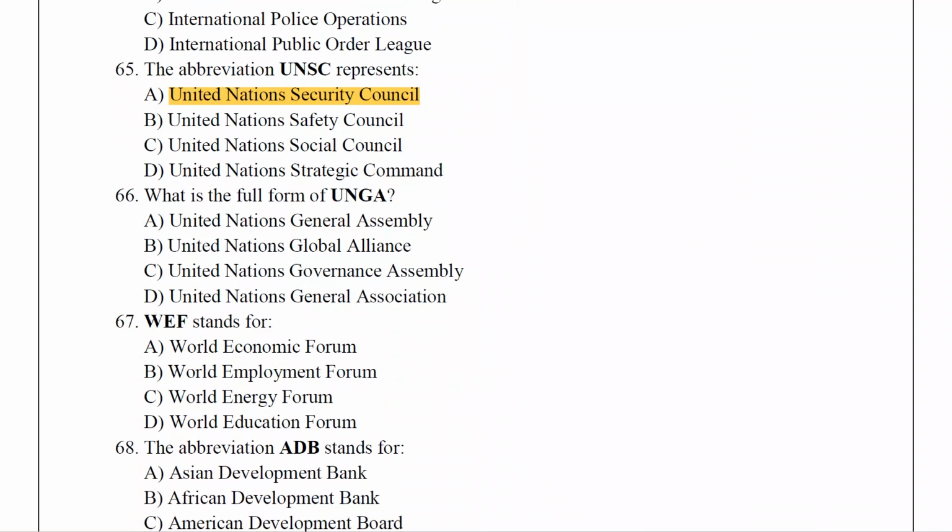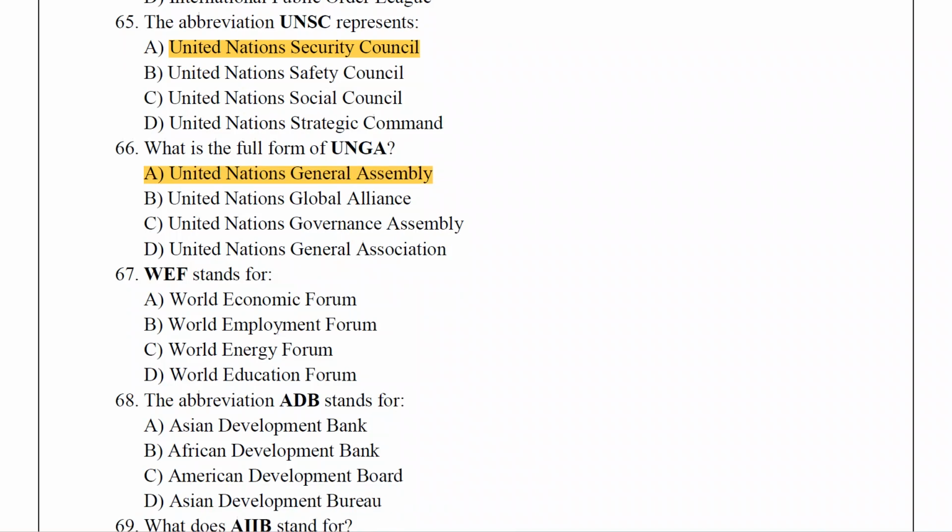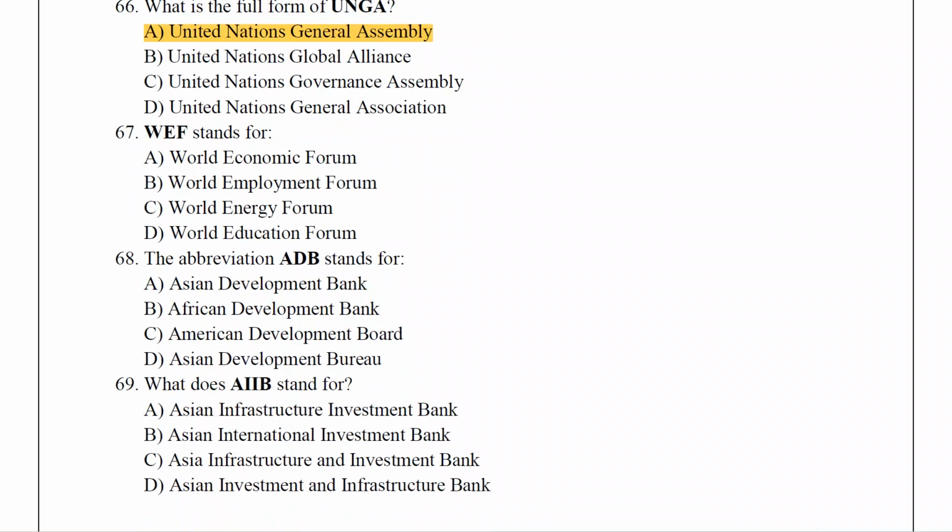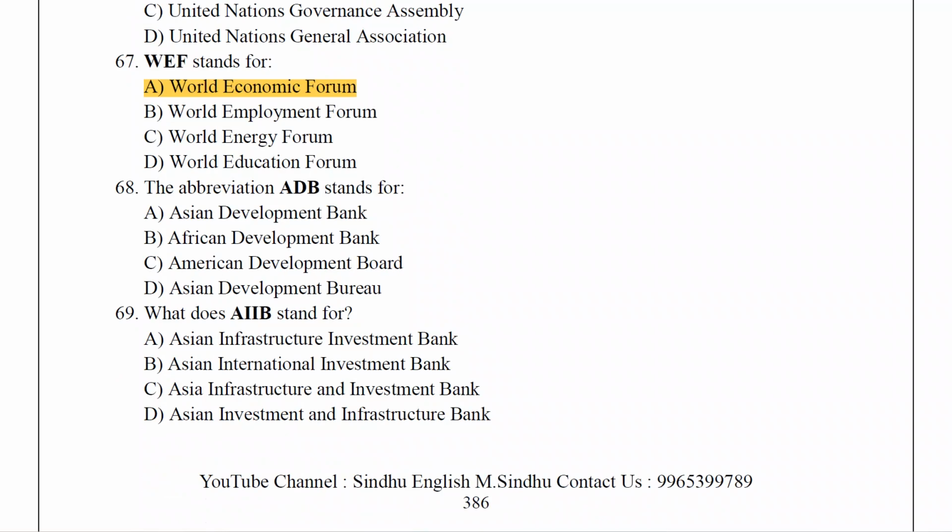What is the full form of UNGA? United Nations General Assembly. WEF stands for World Economic Forum. The abbreviation ADB stands for Asian Development Bank.